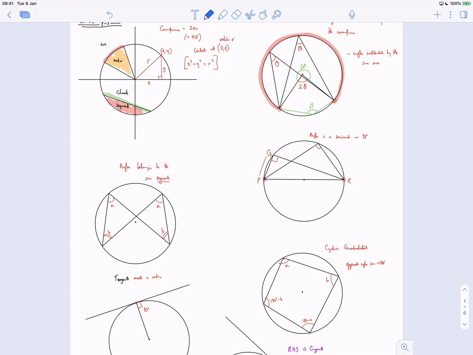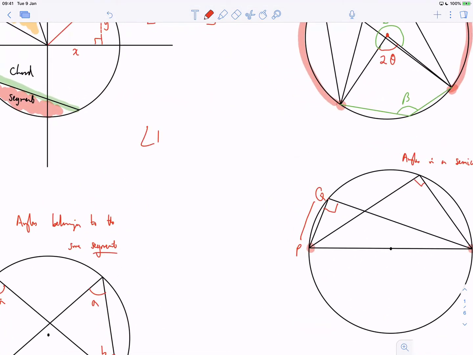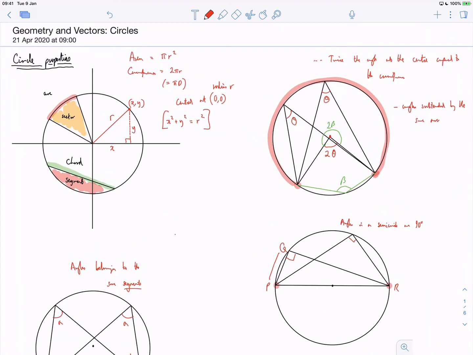People are very lazy and they can just say angle BSQ equals angle MNP because circle theorems. They don't even write which one they used. They just don't care. They've got bigger fish on their plate, to be quite honest with you.